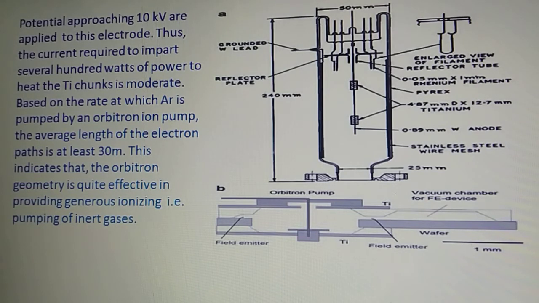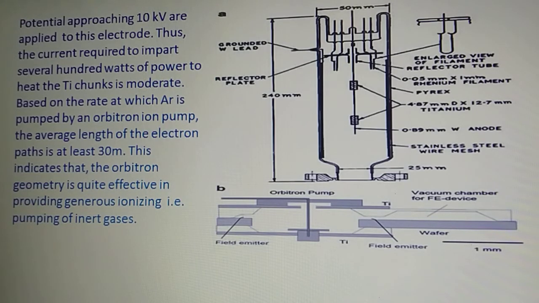So how much is the potential applied? A potential approaching 10 kilo electron volt is applied to this electrode. Thus the current required to impart several hundred watts of power to heat the titanium chunks is moderate, and based on the rate at which argon is pumped by an orbitron ion pump, the average length of the electron path is at least 30 meters.